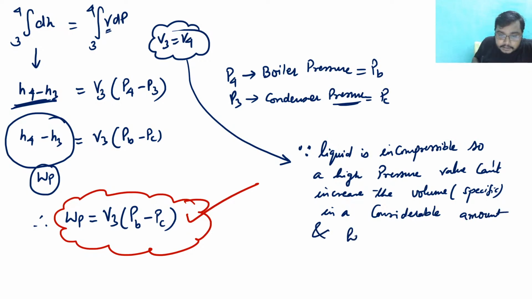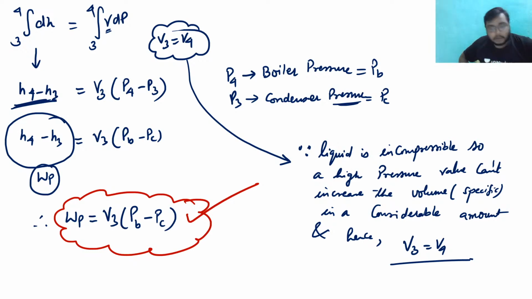And hence it has been assumed that V3 is equal to V4. Clear?